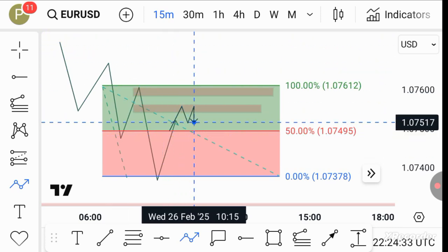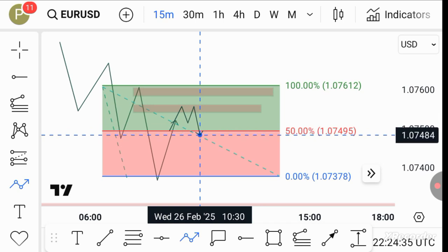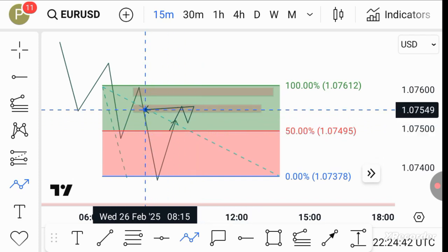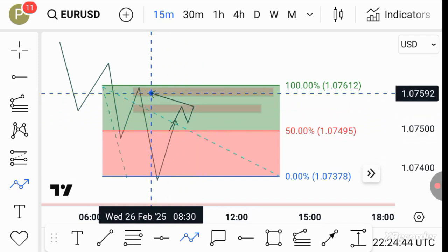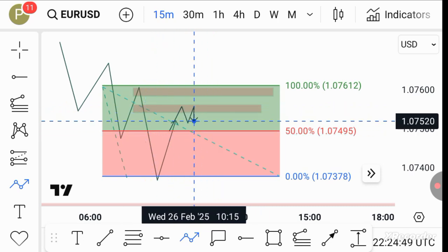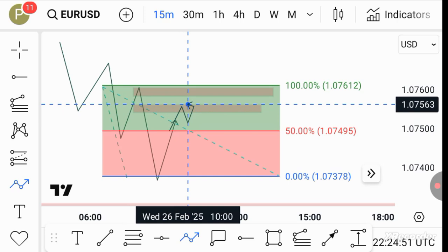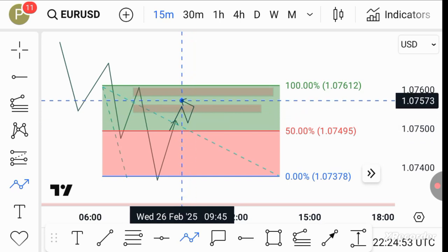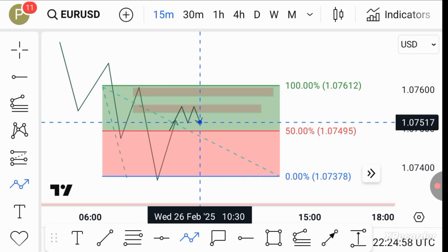But I'm trying to explain, in a situation whereby you have price on 4 hours time frame, and you've mapped out your fair value gap or your order block level, and then price came to the fair value gap. What you should watch out for is on a lower time frame, if price gets to the fair value gap or the order block level and then it's consolidating for a while, right?